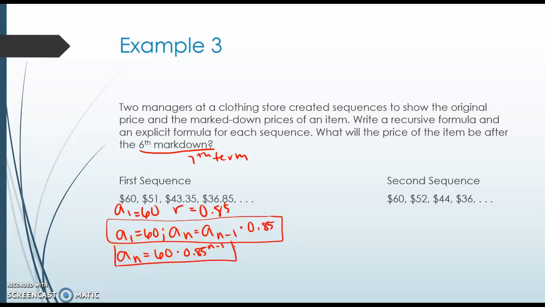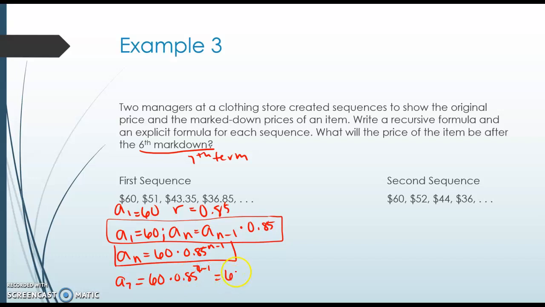Now we've got to plug in to one of these and solve for that 7th term, which would be our 6th markdown. Now, I could plug into this top one, but I'm going to have to simplify that until I get to the 7th term. I'm going to plug into this explicit, and I'm going to do a sub 7 is what we're looking for. We're going to do 60 times 0.85 to the 7 minus 1.